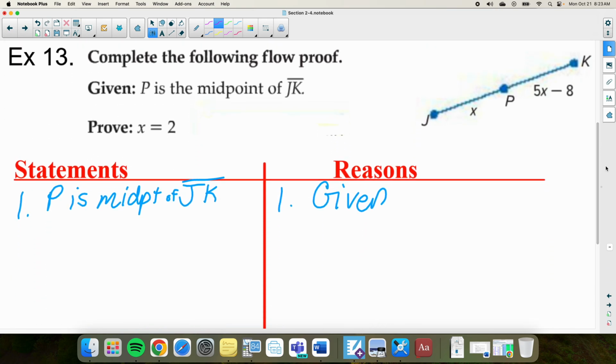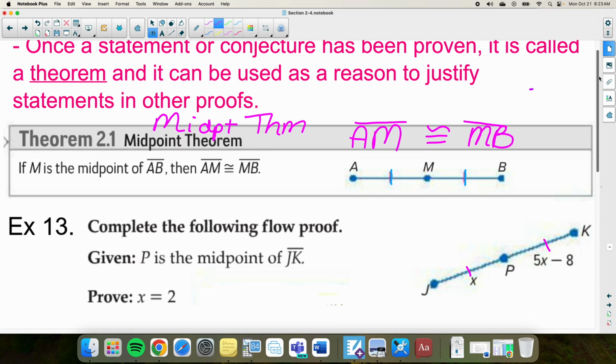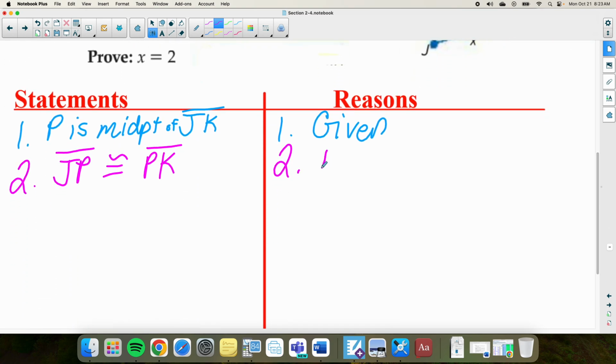So that would mean that segment JP would be congruent to segment PK. So let's write that down. We would say segment JP, with a bar above it, is congruent to PK with a bar above it, okay? And that is by this midpoint theorem up here that we just learned. So I would write MIDPT and then THM.